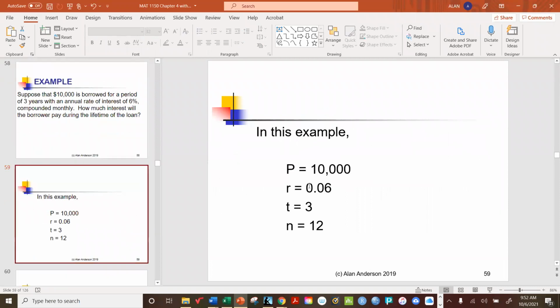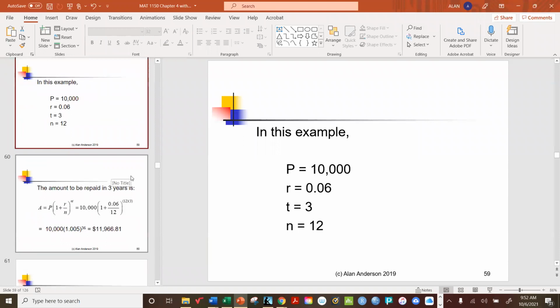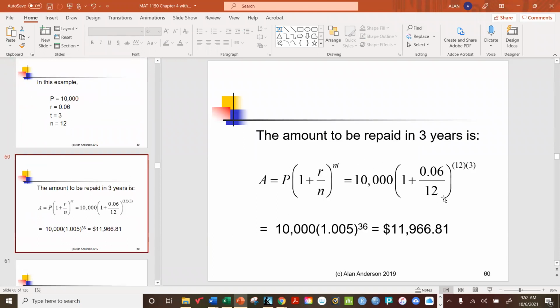First things first, the principal is $10,000. The annual rate is 6%. T, the time frame, is 3 years, but N is 12 because this is monthly compounding. First, let's figure out the future value, or the ending balance, for this person. If you plug in the numbers, and of course you should put this into your calculator, you'll see that it simplifies to this expression down here.